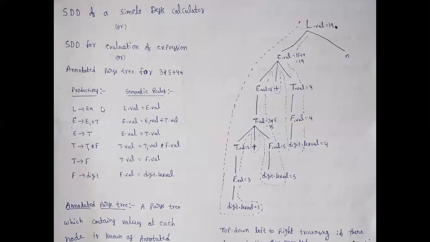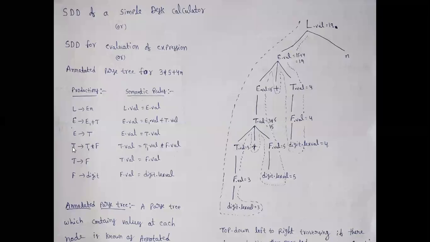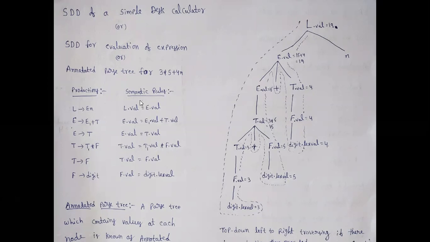So these are the productions. What are the productions here? L produces E n, and E produces E1 plus T, and E produces T, and T produces T star F, and T produces F, and F produces digit. Okay, so here we have these productions and the semantic rules. So L.val is equal to E.value.